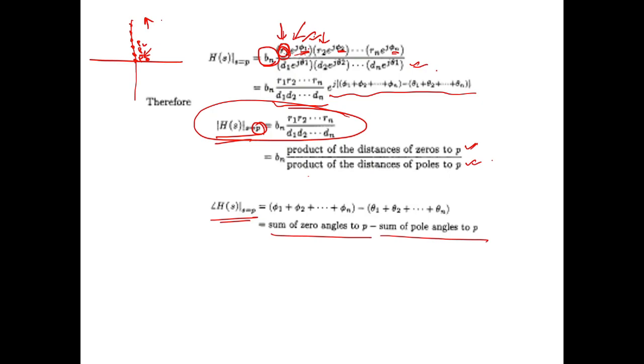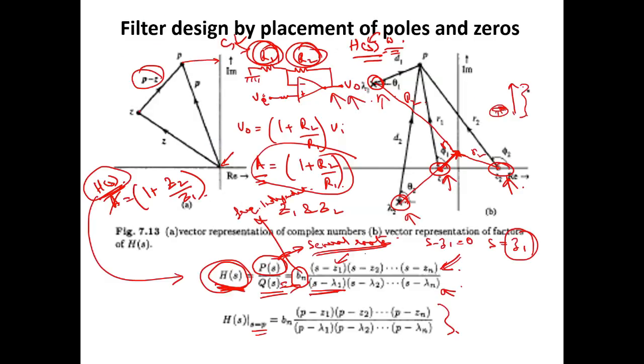That's why, if you ask whether it is dependent on the frequency or not, at all the frequencies it will have the same value. This is just like a constant. So we call it DC gain. Just like in the previous case, A equals 1 plus R2 by R1. At all the frequencies, the gain would be the same, R2 and R1.